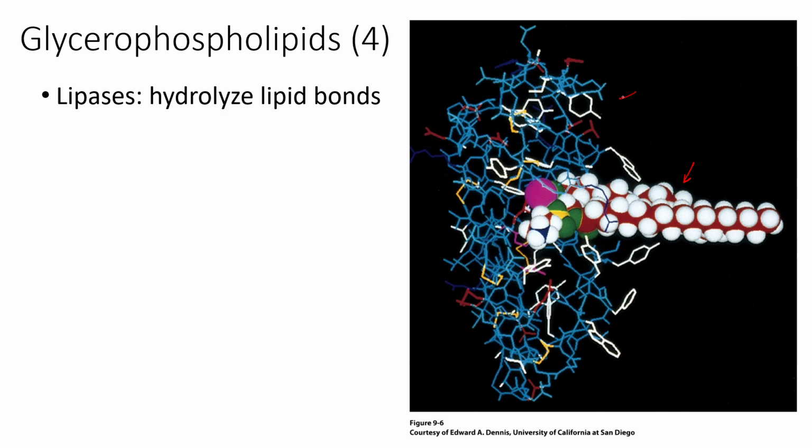And you can see the different amino acid structures and side chains on the left of this figure, kind of surrounding the polar head group part of this glycerophospholipid. And you can see in the parts of the lipase that are interacting with the nonpolar part of the lipid, you can see these bulky, nonpolar kind of hydrocarbon side chains, and those will help to stabilize the nonpolar parts of the lipid.